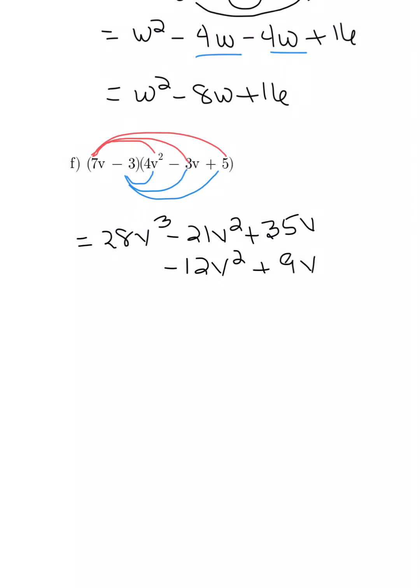Negative 3 times positive 5 gives me negative 15. Now, to finish them up, I'm going to combine my like terms. 28v cubed does not have a like term. Negative 21v squared and negative 12v squared will be negative 33v squared. Positive 35v and positive 9v will be positive 44v, and then we have our negative 15 to finish it out.